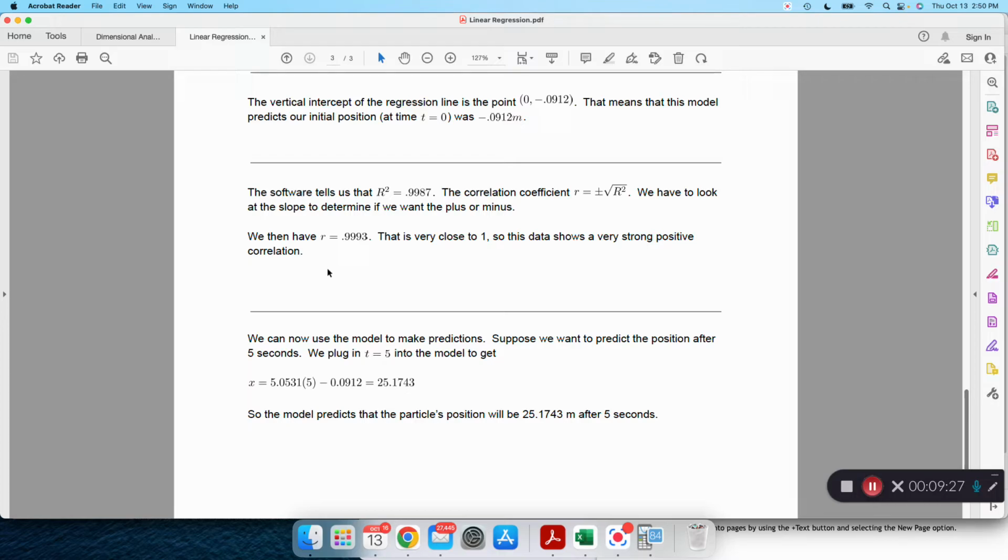The closer R is to 1 or negative 1, the stronger the correlation. The closer to 0, the weaker the correlation. That R value is very close to 1, so we would say we have a very strong positive correlation, because it's a positive number. We could use this model here we have to make predictions.